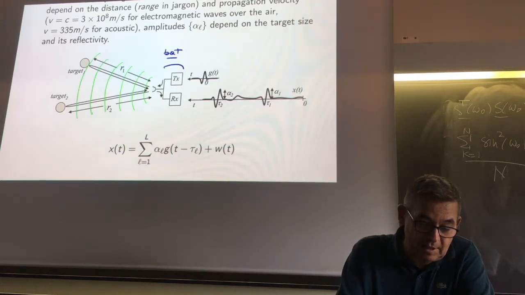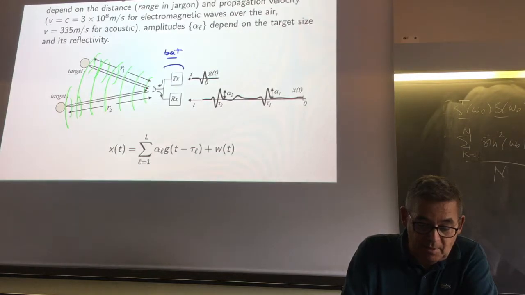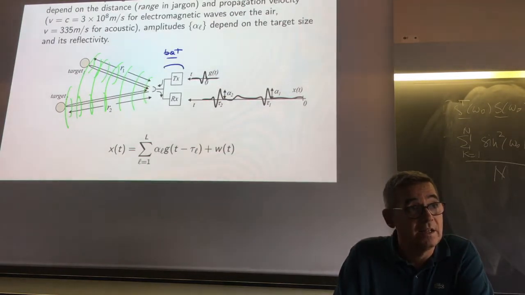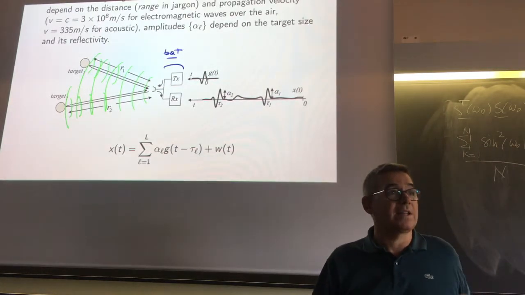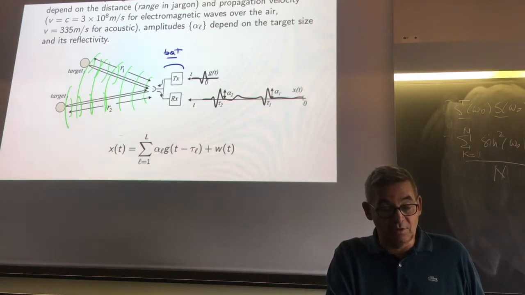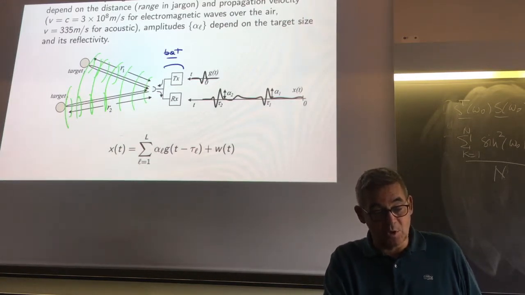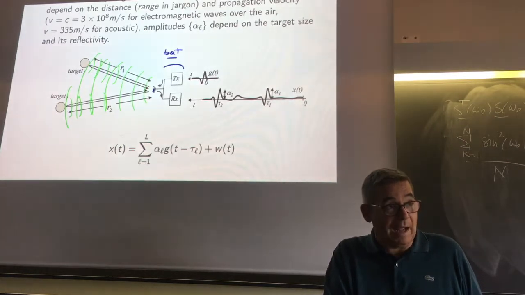Then, when this hits the target, it comes back, and after a certain time, it is coming back. Let's say that the distances are R1 and R2. So, how much time does it take to go from the source, which is here, to the target and back?